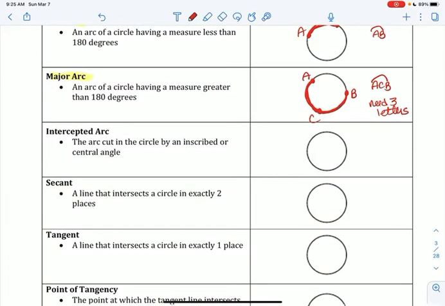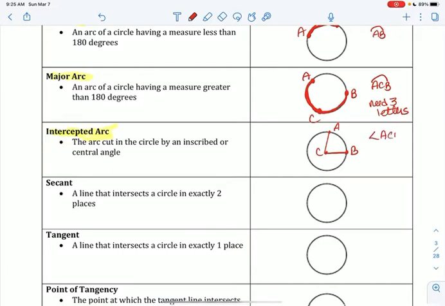An intercepted arc is just an arc cut in the circle by an inscribed or central angle. So that's also a new word. Say I have, I'm just going to do a central angle. So I have angle ACB, which is a central angle.